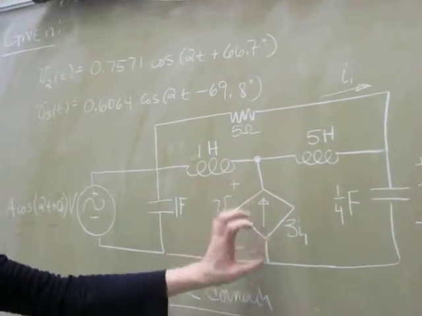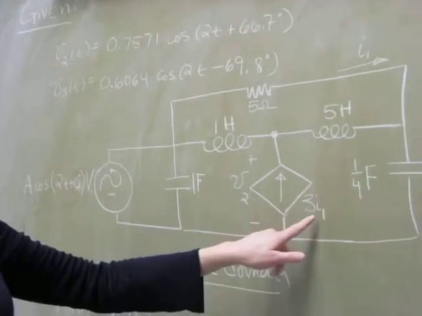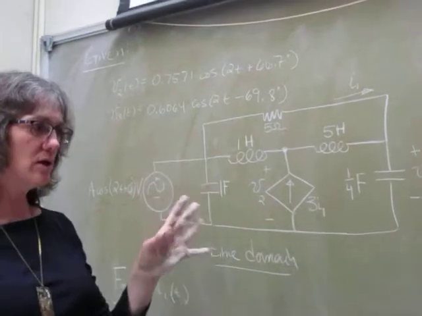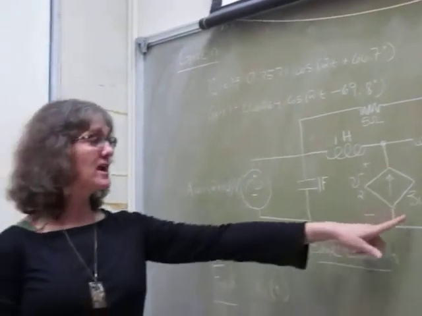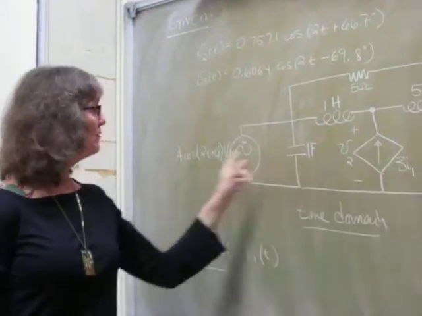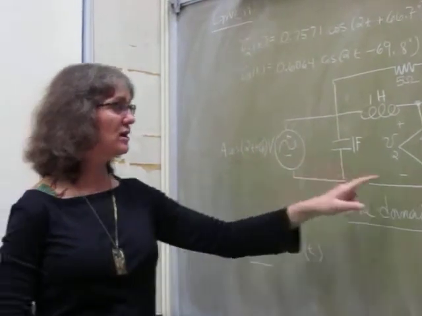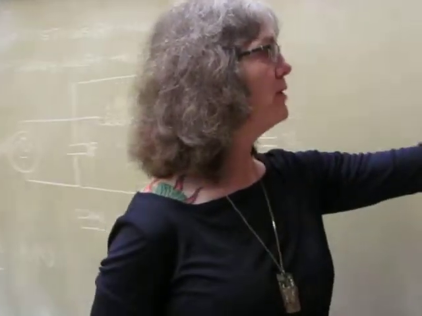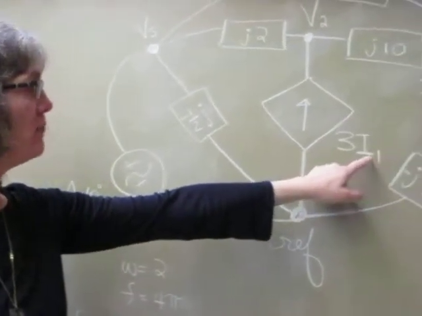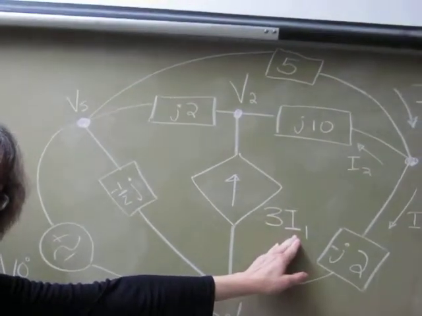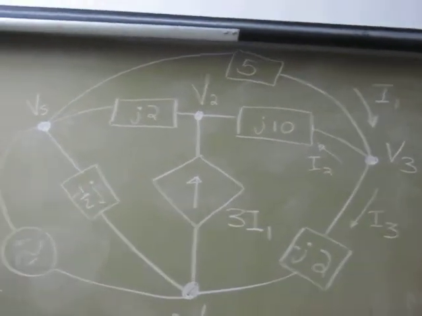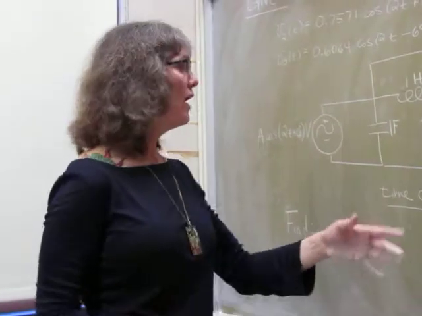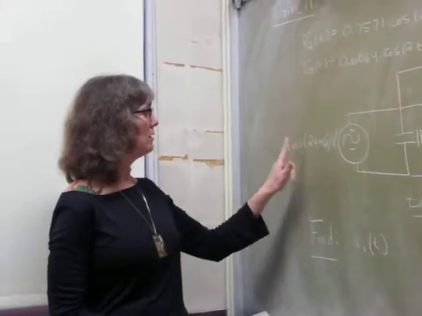To transform that into a phasor, instead of showing it as a small i sub 1, and remember, small letters usually indicate that they are functions of time, which it will be because it's a sinusoidally driven circuit, I'm going to show this current as a phasor, so I'm going to give it a capital I1. I don't know the value of this phasor, but it's going to be some magnitude times cosine with a phase angle. So really the only unknowns are the magnitude and the phase angle.